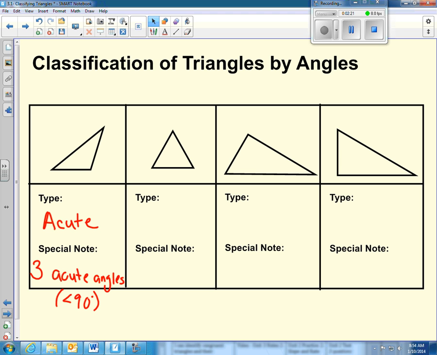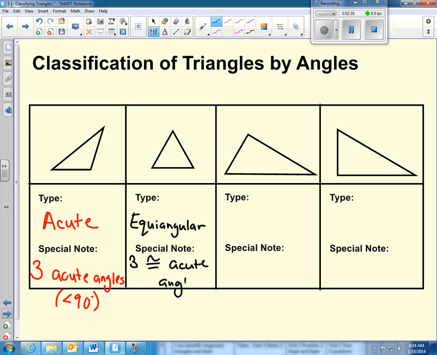All right, our next type of triangle is going to be an equiangular triangle. An equiangular triangle is going to have 3 congruent acute angles. So we can mark those angles as congruent.